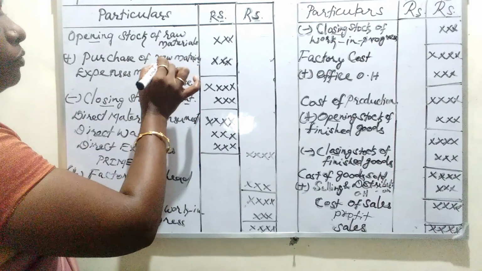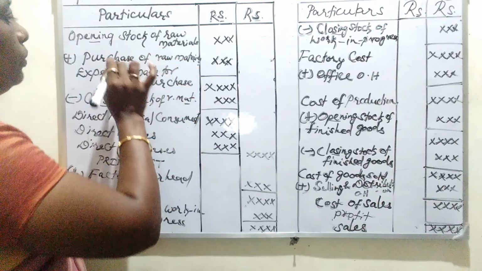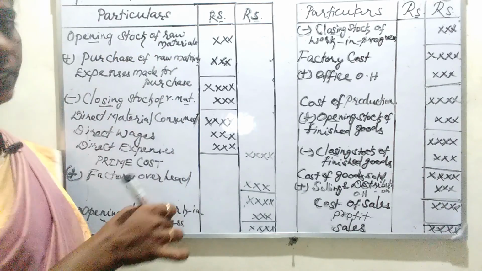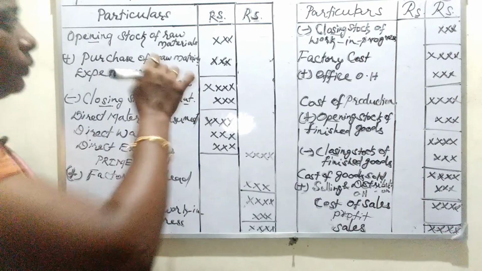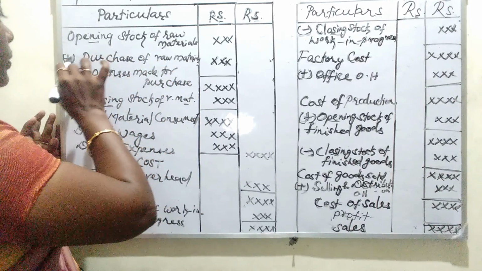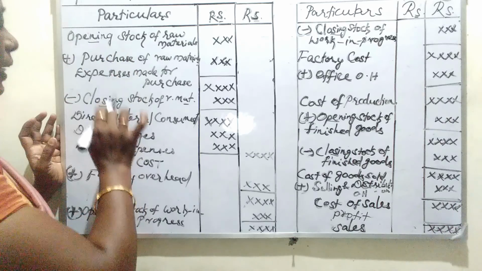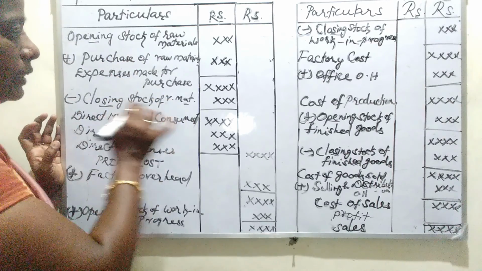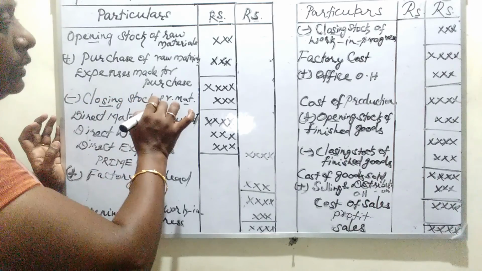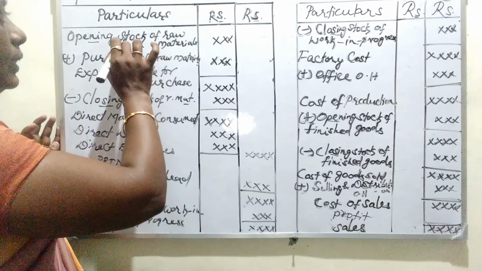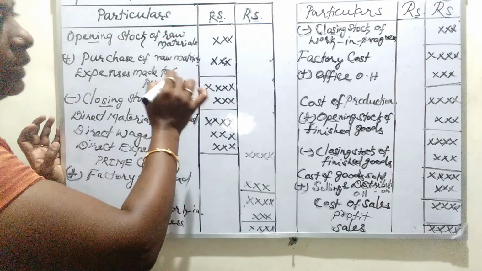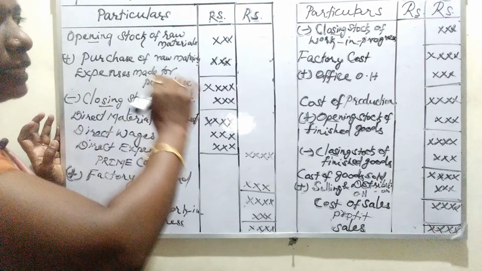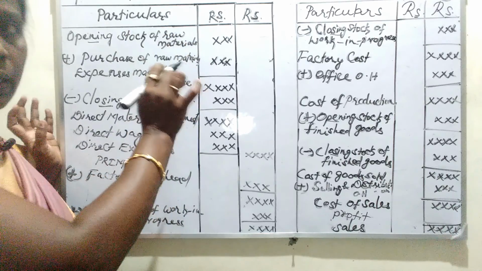The balance of raw material in the previous year is the opening stock. Closing stock is the balance of the current year. According to the procedure, we have to add the opening stock and deduct the closing stock always, because the closing stock is not used in the current year. But the opening stock is taken in the current year, that is the previous year balance. Previous year closing balance is considered as current year opening balance.